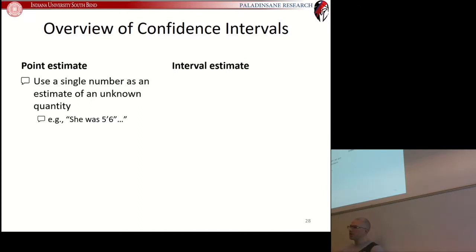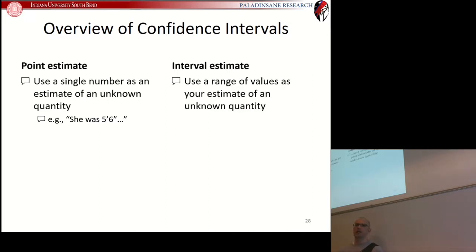The other form of an estimate is an interval estimate. An interval estimate is a range of values to estimate this unknown quantity. So if you use an interval estimate for the height of your cousin from Milwaukee, you might say she's between 5'2" and 5'10". You're still estimating that parameter, but this time instead of a single number, you're using a range of numbers.